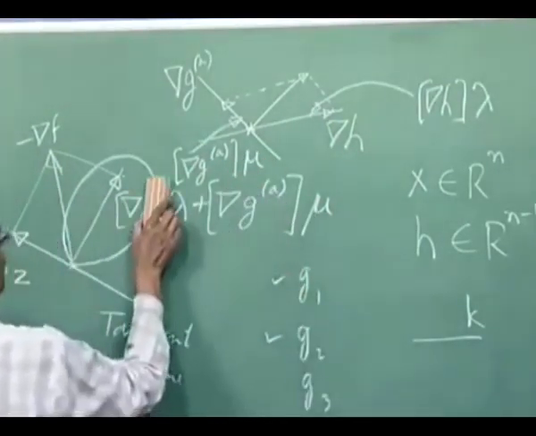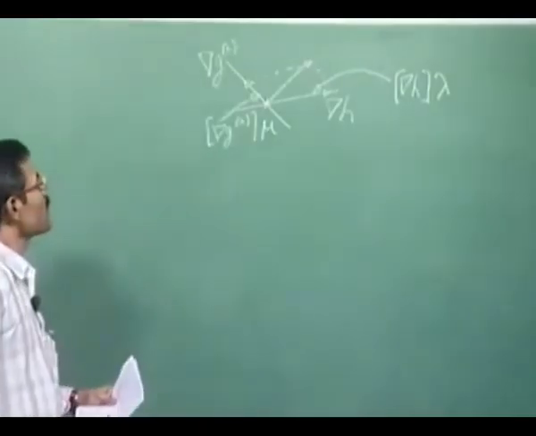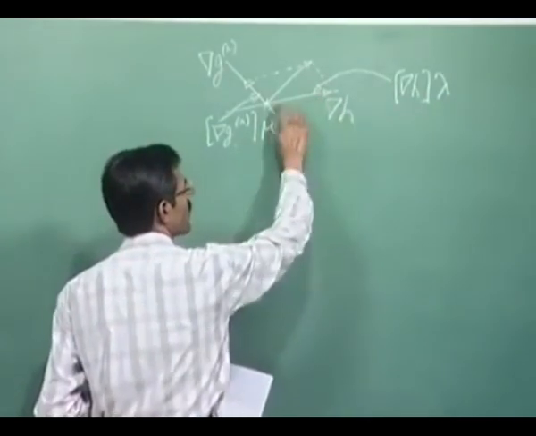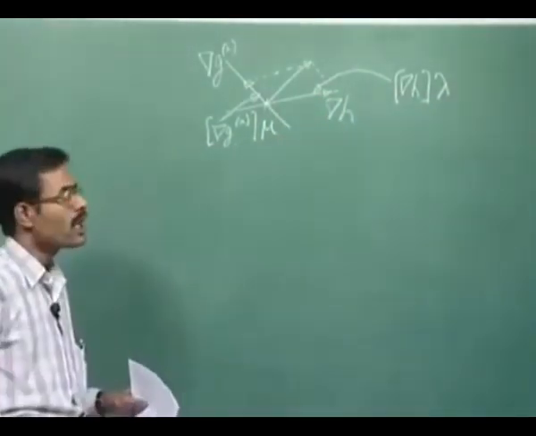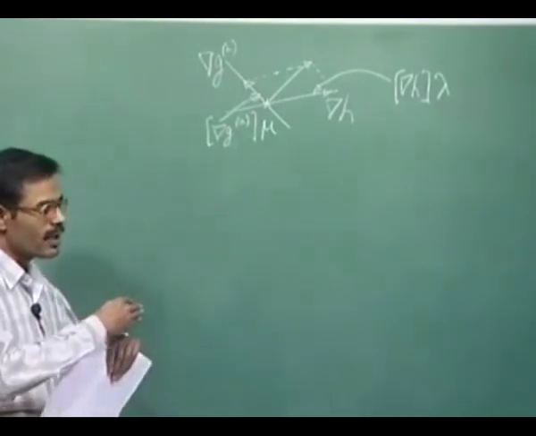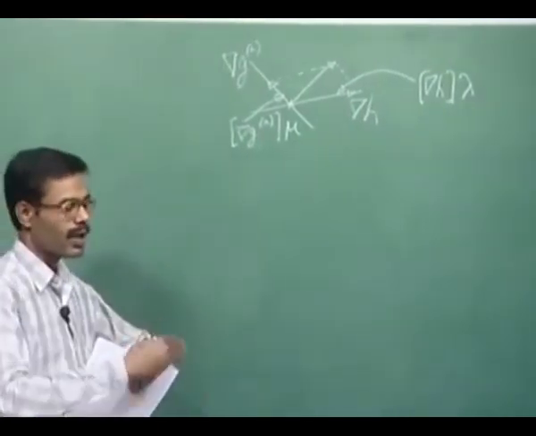Now, let us remove everything else to make this thing clearly visible. Note that grad h is a direction along which if you move, you will be leaving the constraint manifold, the constraint surface, and going out. Okay.